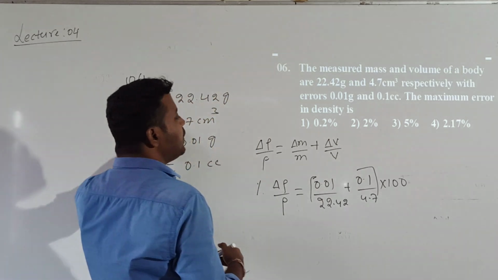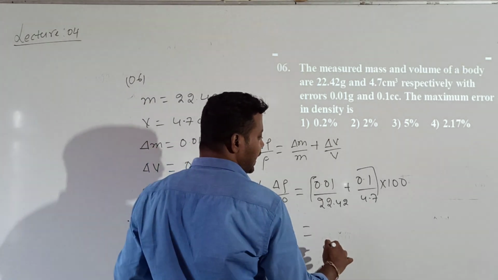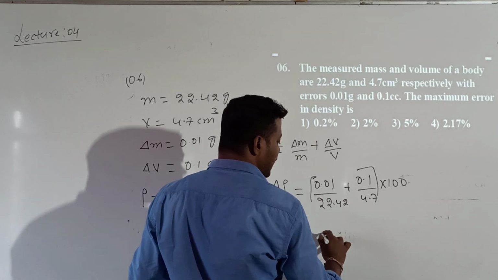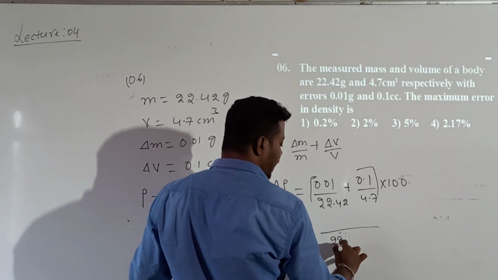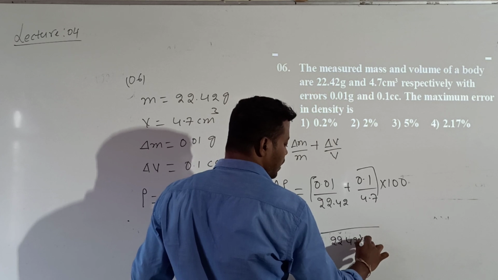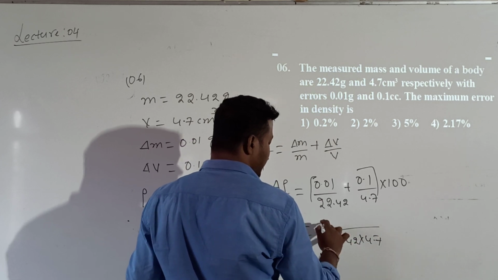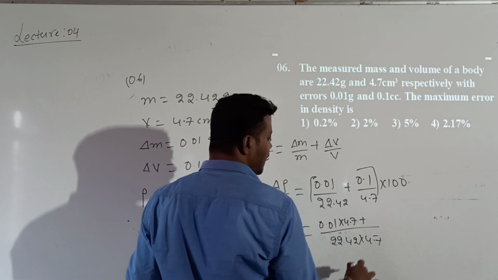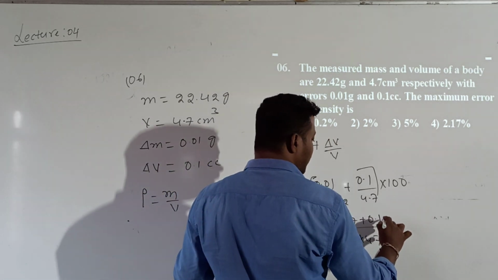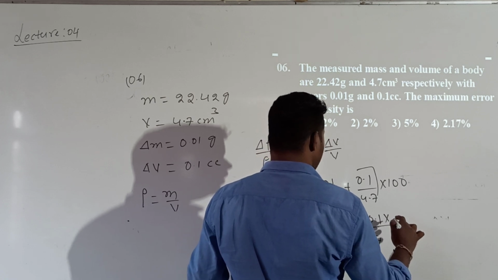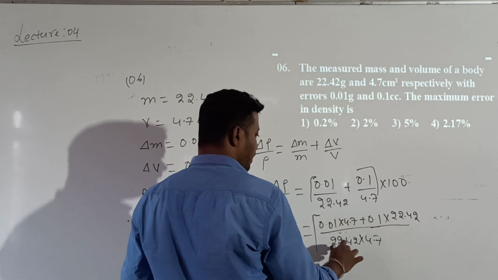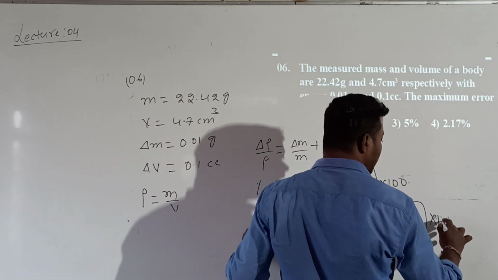So you need to simplify this. Taking the LCM, it is 22.42 into 4.7. So here I will get 0.01 into 4.7 plus 0.1 into 22.42, into 100.